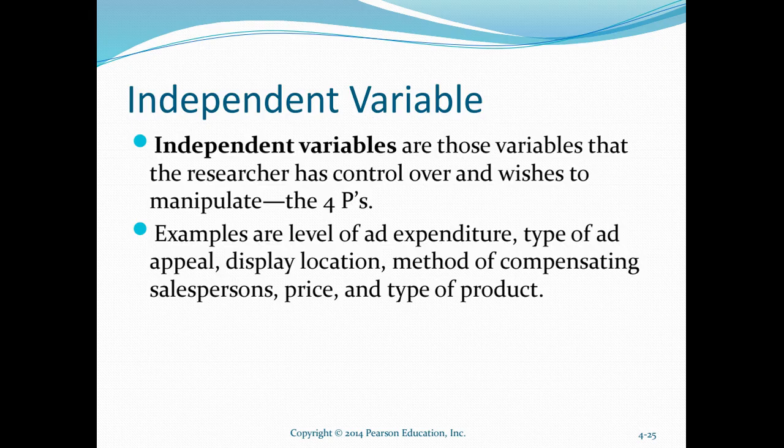All of these may be independent variables. For example, we have put out a new ad, and we will try to see its impact on, say, sales of that particular brand.